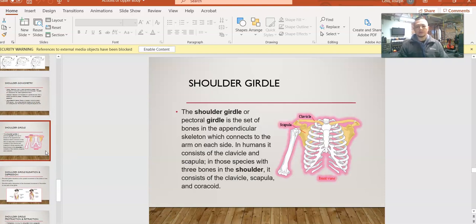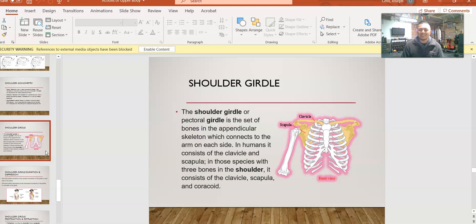The shoulder girdle. Understand that the shoulder girdle is composed of the appendicular skeleton connecting with the arms on each side. The shoulder girdle, or pectoral girdle, is a set of bones in the appendicular skeleton which connects to the arm on each side.